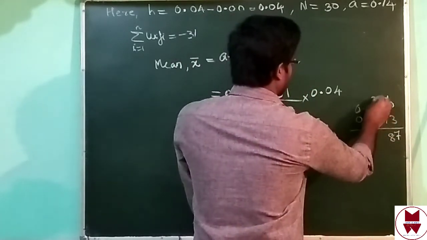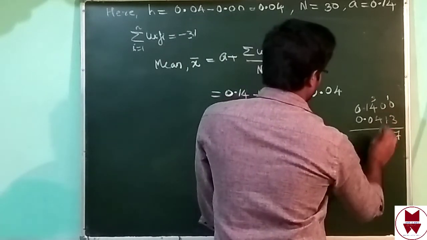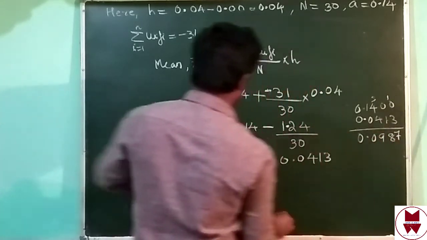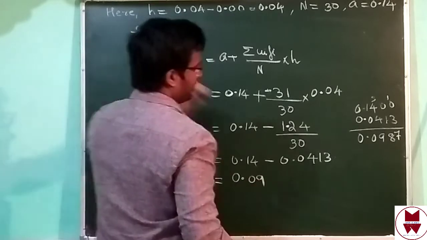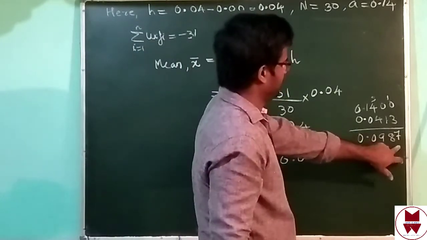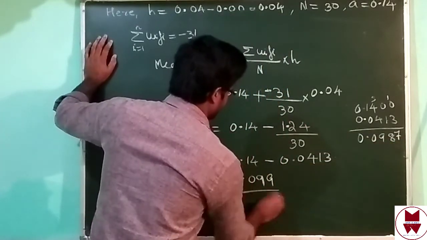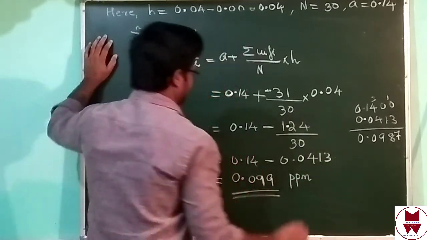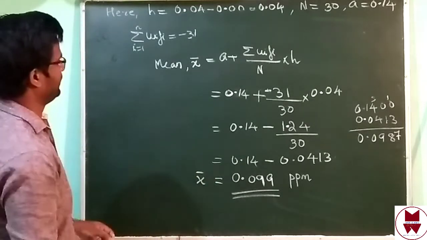Here 3 are remaining, 3 minus 4 we cannot, then 13 minus 4, 9, then here 0. You will get 0.09. This 8 we can write as 9 because the next number 7 is more than 5, so it became 9. Unit is ppm. That is our answer.